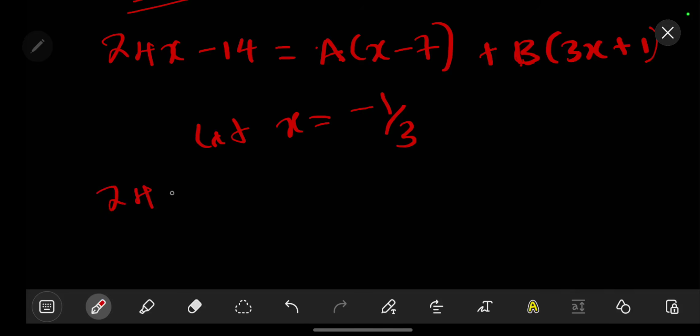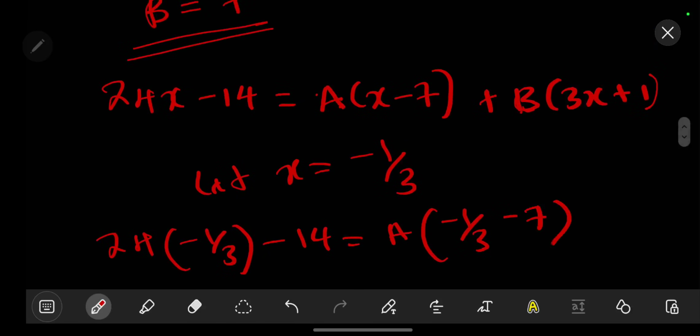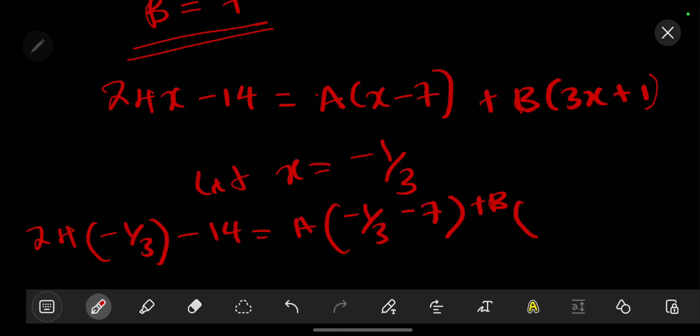So we have 24 times (negative 1 over 3) minus 14 should be equal to a times (negative 1 over 3 minus 7), plus b times (3 times negative 1 over 3, plus 1).